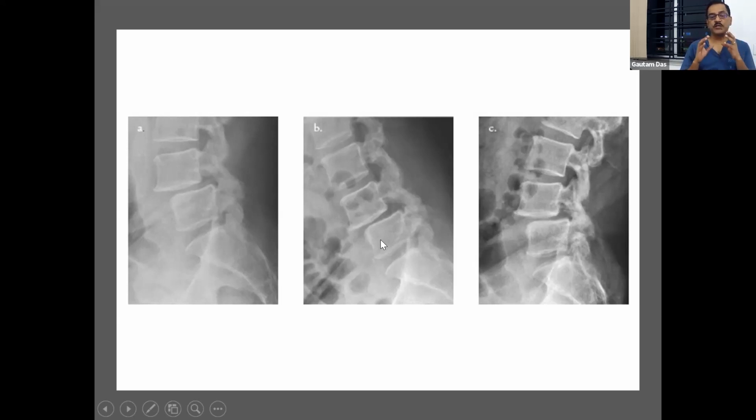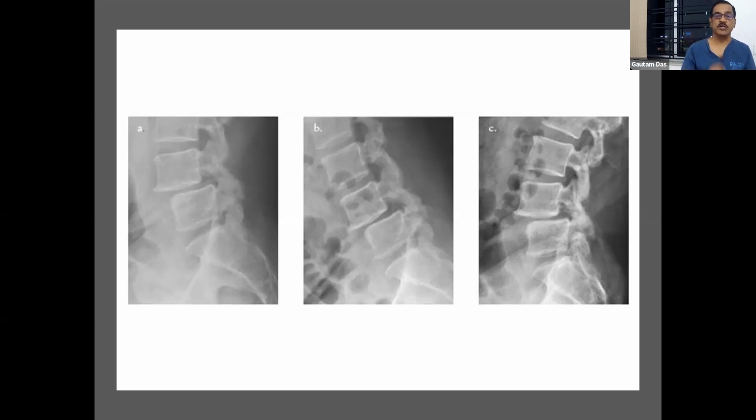So we have to see whether with flexion and extension the listhesis is changing its grade. If it changes its grade, then this is called an unstable listhesis, and that listhesis should be operated by plate and screw. If the listhesis is stable, then unless there is neurodeficit, these patients need not be operated.